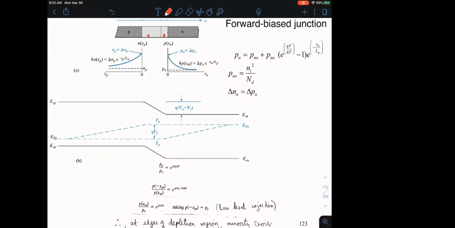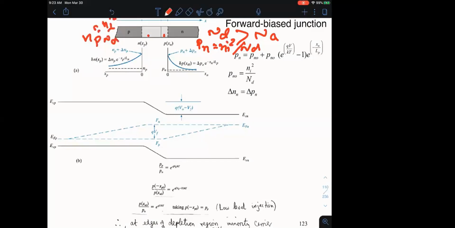So Nd is greater than Na. If that's the case, the minority carrier hole concentration p on the N side, which is ni squared over Nd, will be less than the minority carrier electron concentration on the P side, which is given by ni squared over Na, right?